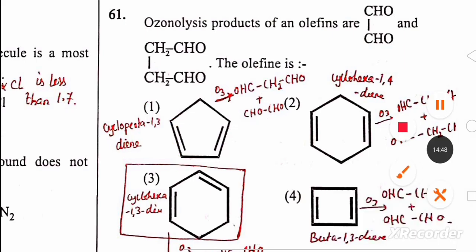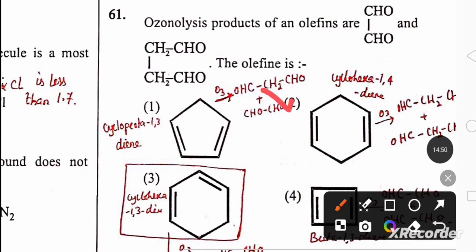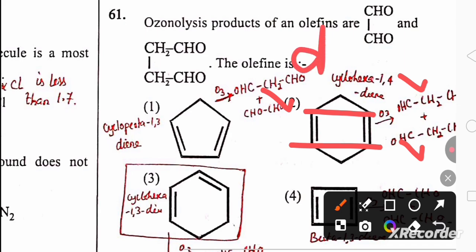Second option is cyclohexa-1,4-diene. When this undergoes cleavage, exactly you will get 3 carbon aldehydes, and a 3 carbon dialdehyde, but in the options a 3 carbon one is not there. One is 2 and one is 4.